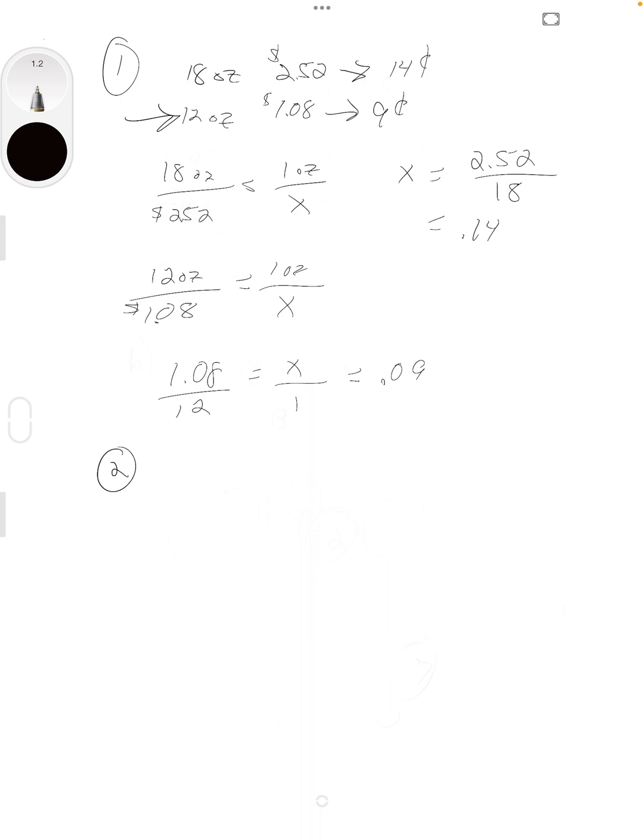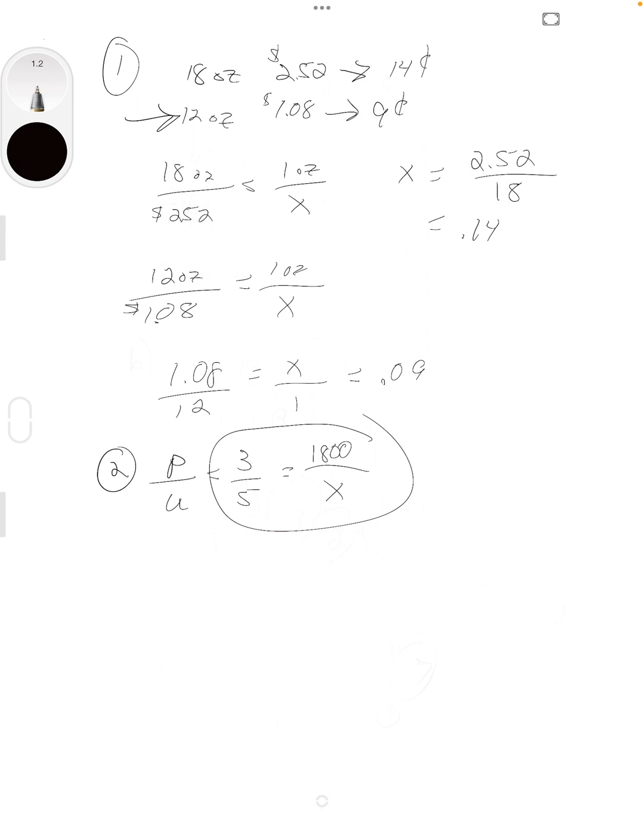Question number 2, the ratio of painted faces to unpainted faces is 3 to 5. So that's what it tells you in the question. And it says if 1,800 had painted, how many have unpainted? Okay, well, if the ratio is 3 to 5, and that's 1,800 painted to X, that becomes my problem.